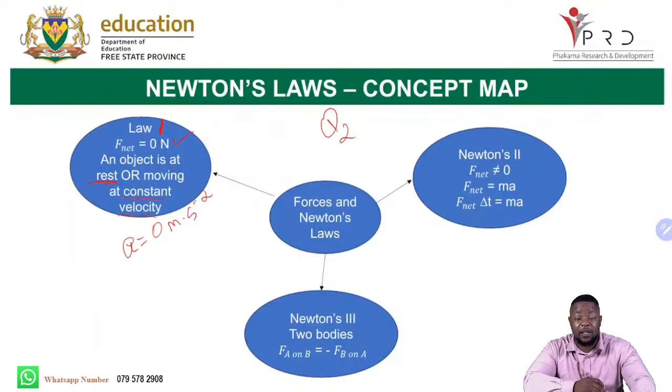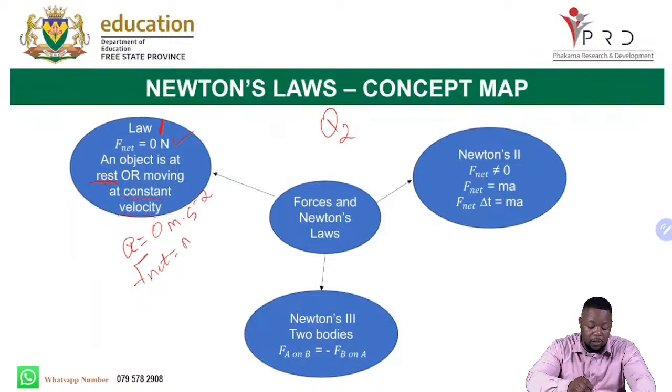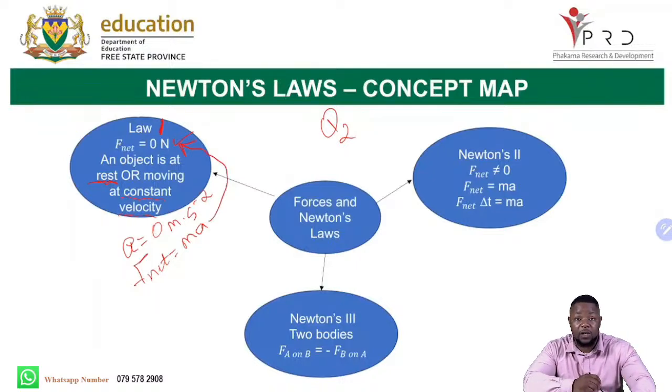So if the acceleration is 0 meters per second squared, we know that our net force is equal to mass multiplied by acceleration. So any number multiplied by 0 will be 0. That's why we see here that our net force is supposed to be 0 when we are dealing with Newton's first law of motion. It is very important to substitute this 0 because this 0 is also allocated mass.